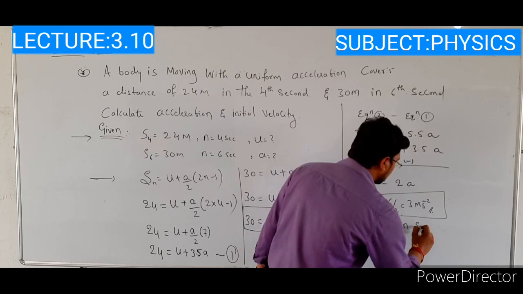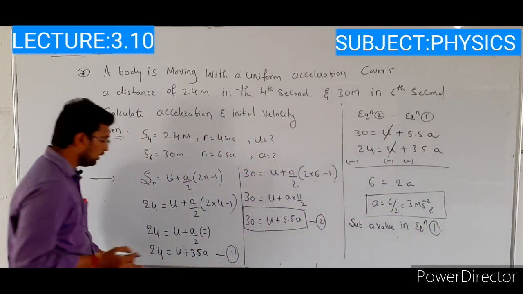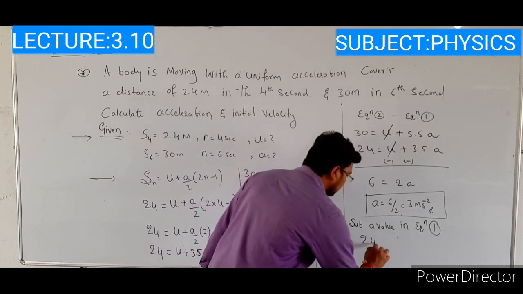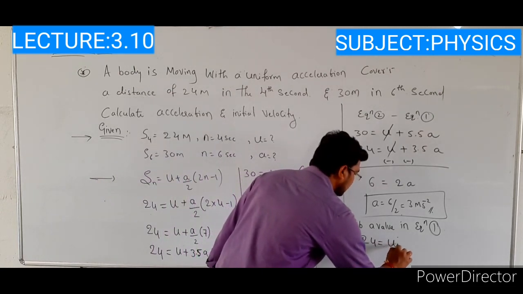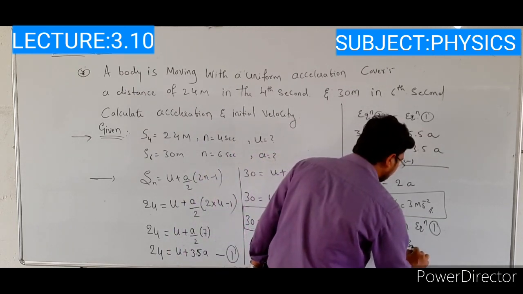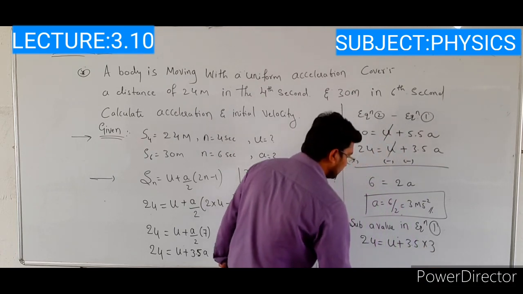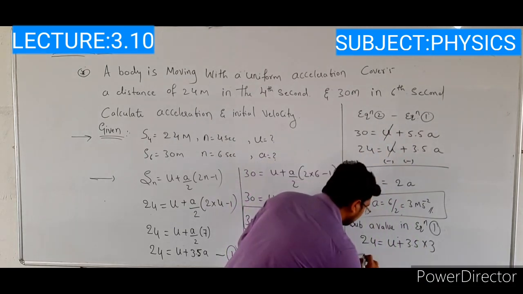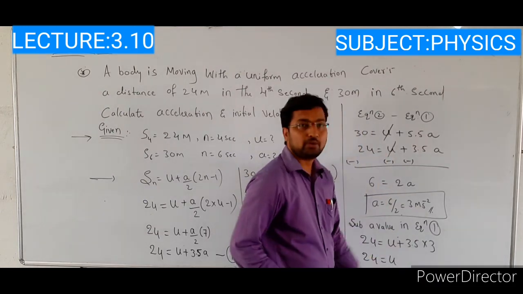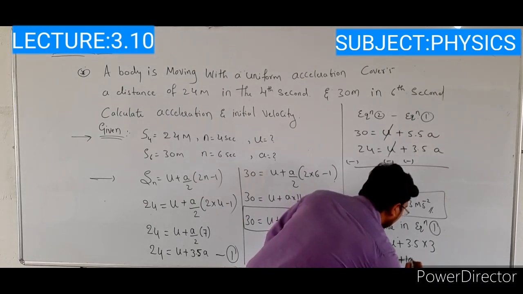So what is equation number 1 here? 24 is equal to u as it is plus 3.5 into 3. 24 is equal to u plus 3.5 into 3, that means 10.5.